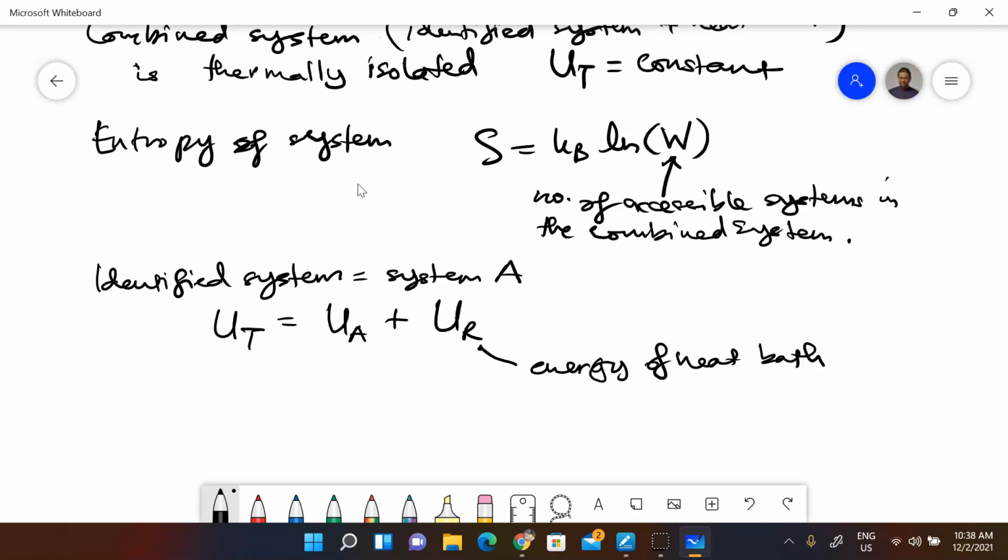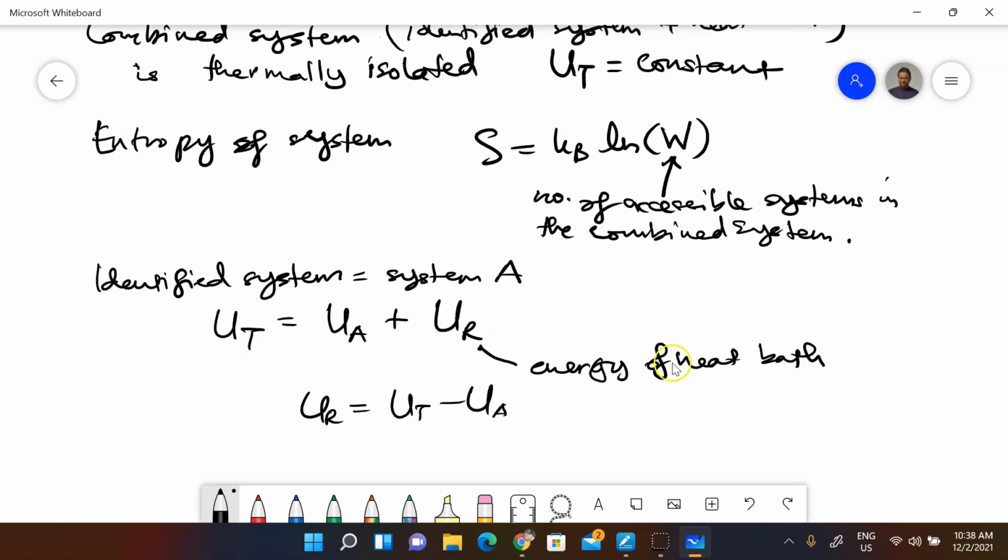Now, one can re-express, for example, UR to be just UT minus UA, and later on we're going to use this. Since UT is constant with respect to the whole thing, the variable only will come from here.